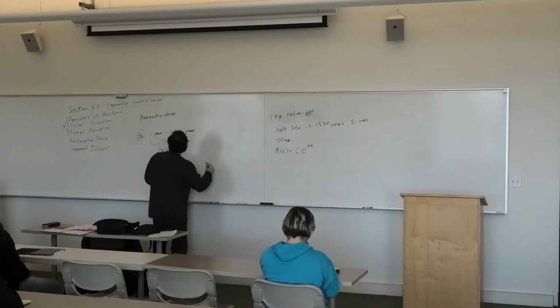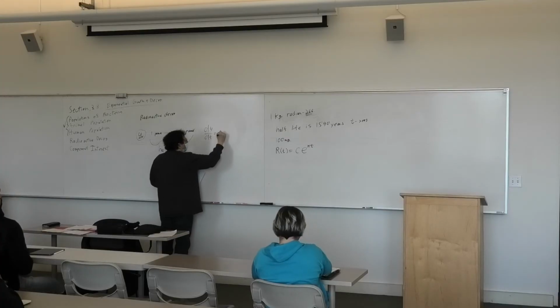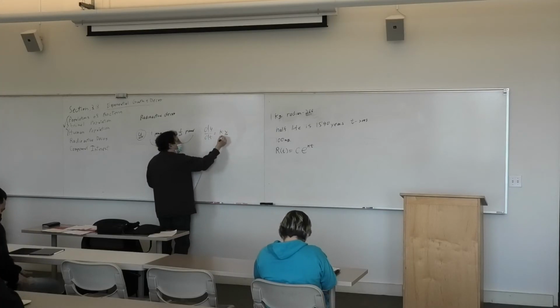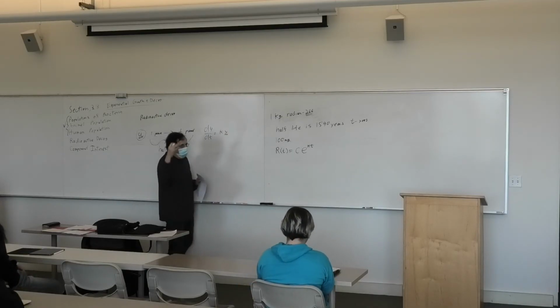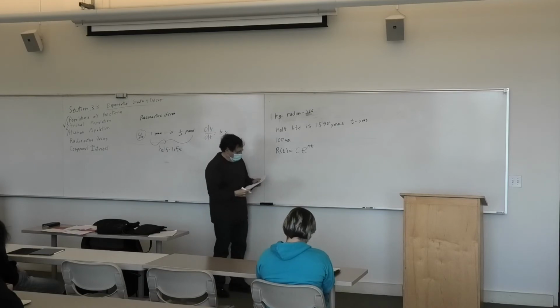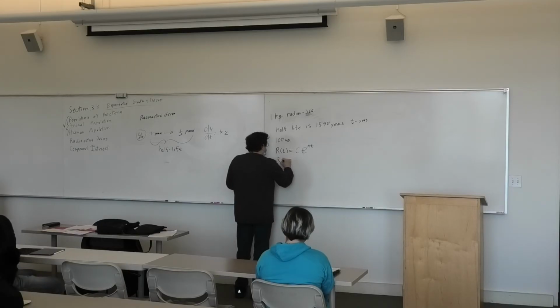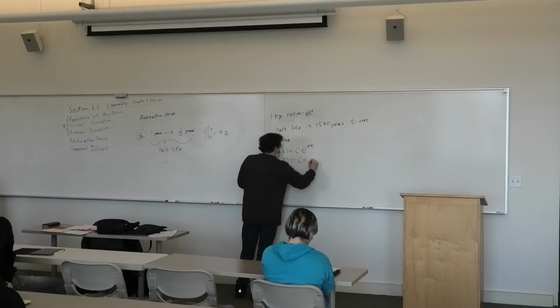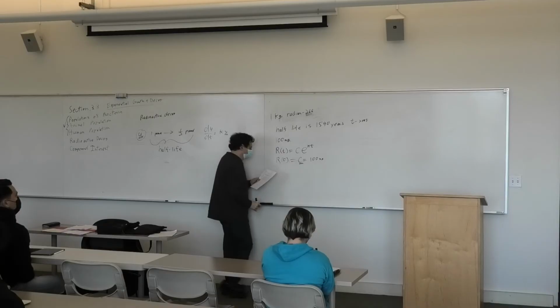Remember, the change over time is related to the amount times a constant. Decay is going to be a negative number. At R of 0, our C is equal to 100 milligrams. So we know C.